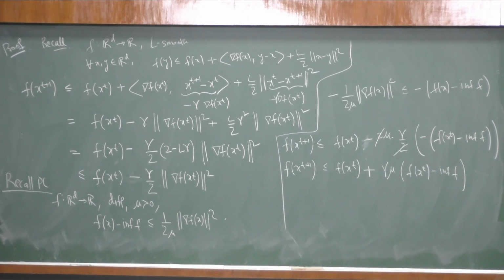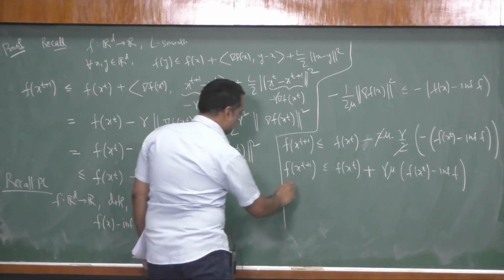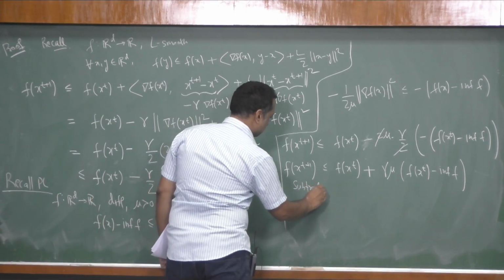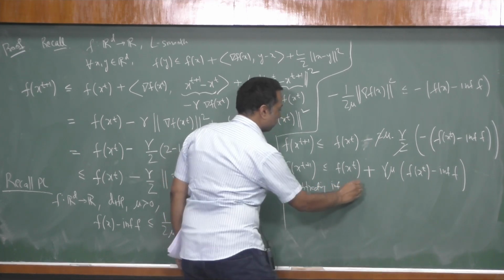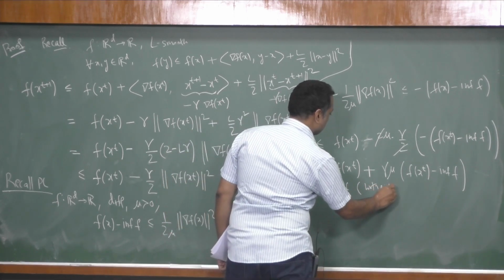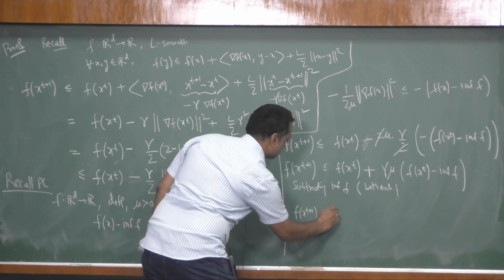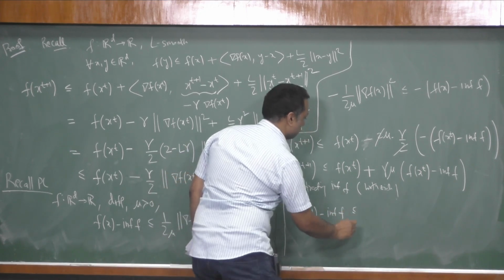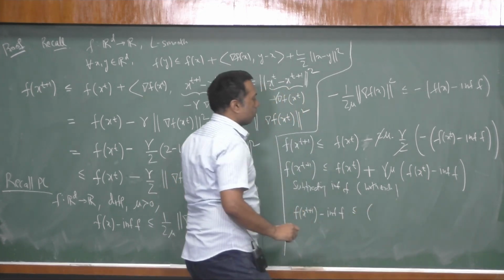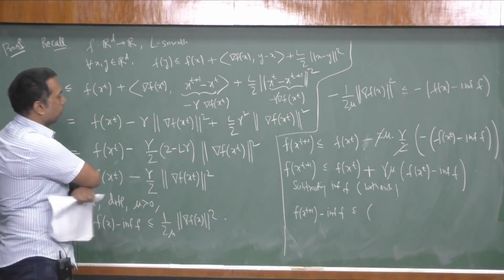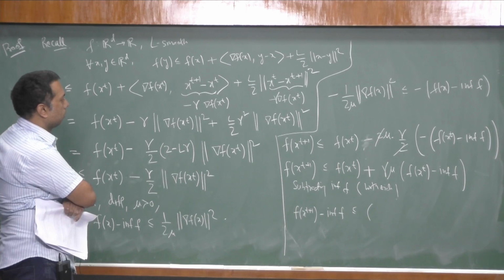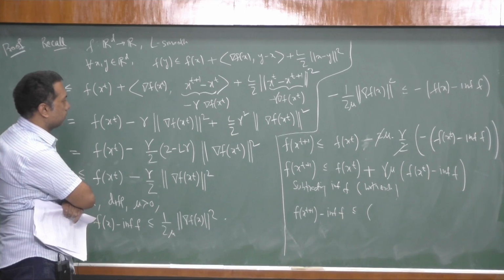And it is not yet in that form, so the additional thing I see is infimum of f. So I subtract infimum of f both sides. Subtracting infimum of f both sides will give me the result, right? So this is fxt plus 1 minus infimum of f is less than or equal to, and here we are getting plus, right? But ideally we are looking for minus.